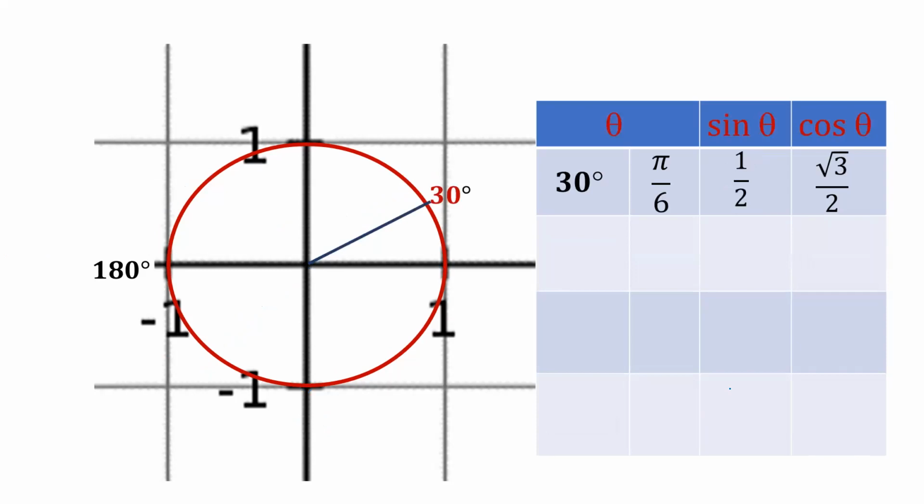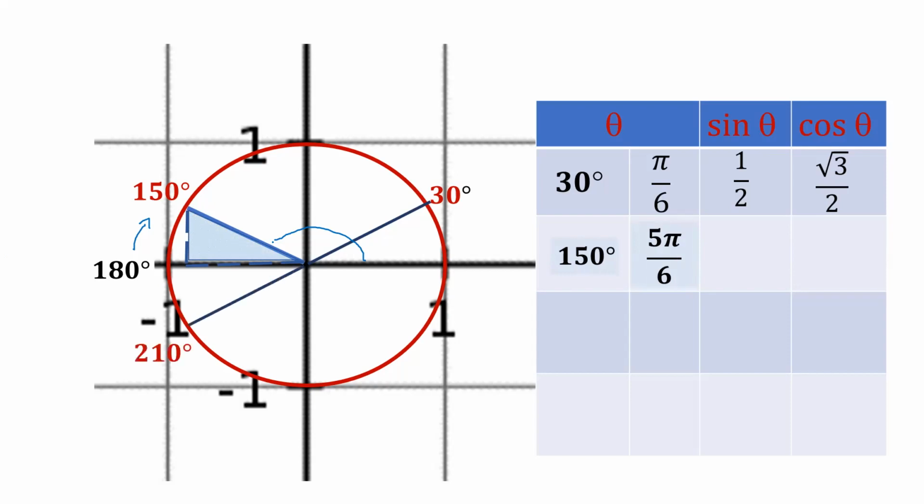So let's find its counterpart in the second quadrant. That will be 180 minus 30, going clockwise. So 180 minus 30 will be 150 degrees, because our theta is always measured from this initial side. So that's 150 degrees, and its equivalent is 5 pi over 6.